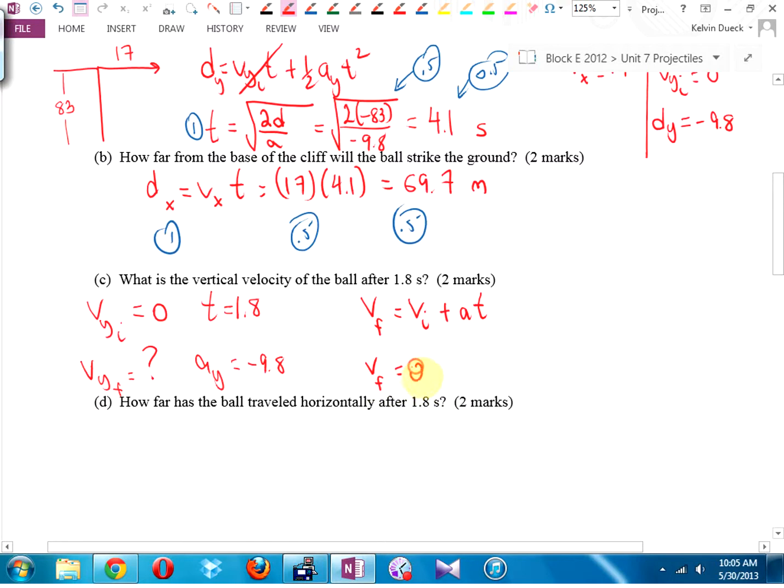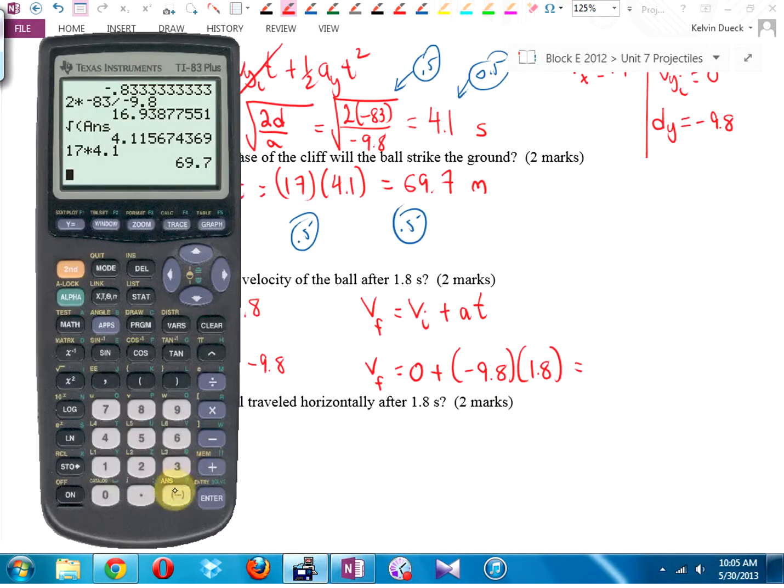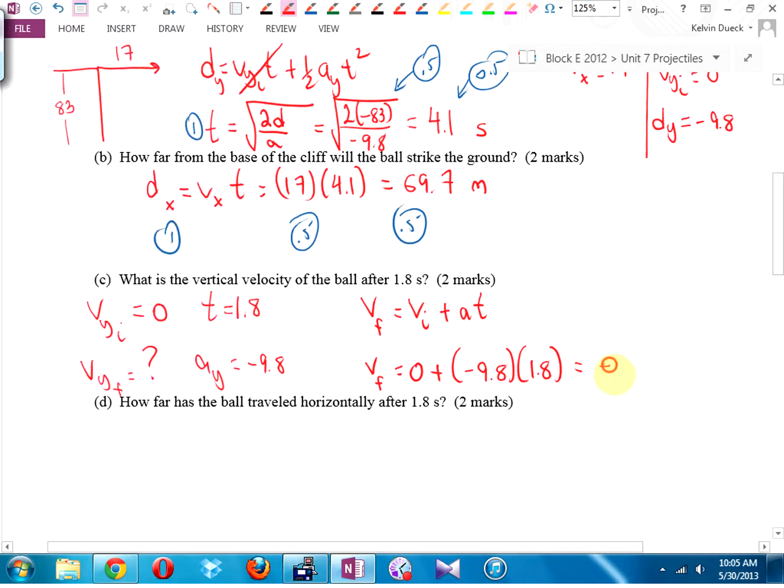V final is 0 plus negative 9.8 times 1.8. Do you get negative 17.6? What's the negative telling me? It's going down. What if I'd gotten a positive answer? I couldn't here because you're launched horizontally, so you're always falling downwards. But later, when we shoot up at angles, it's possible to get a positive answer, which tells you it's on the way up. A negative answer tells you it has already reached the top and is on its way down.